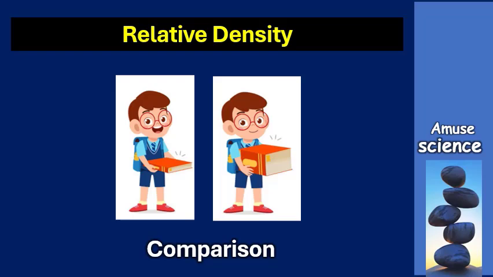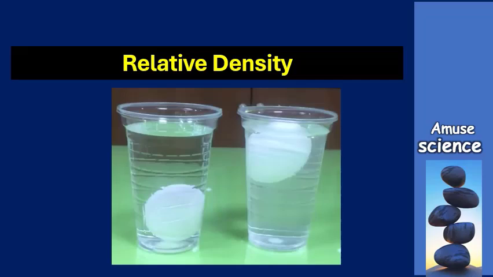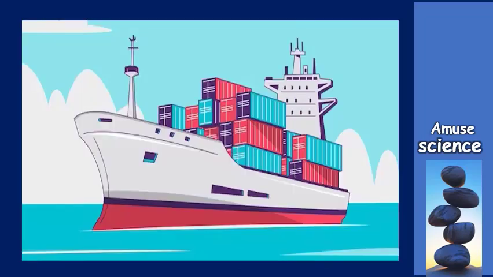The concept of relative density actually applies very much when traveling on sea. When traveling on sea or on any other water body, we have to make sure that the density of the ship or the boat is less than that of water, so that the boat or the ship will not sink. In this case, we have to compare the density of the boat to the density of water, and this brings the concept of relative density.